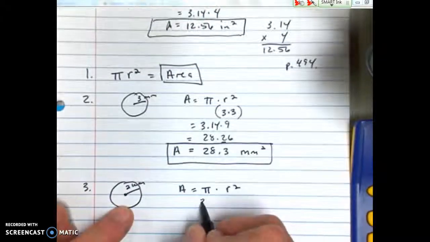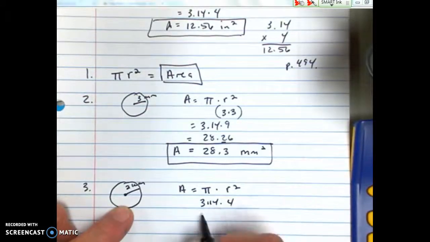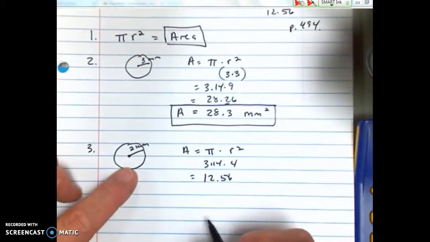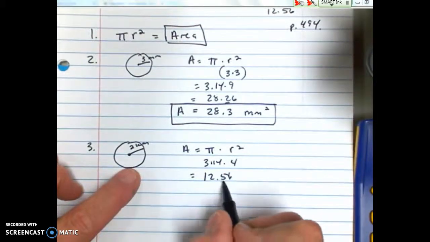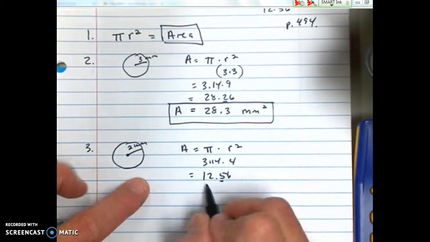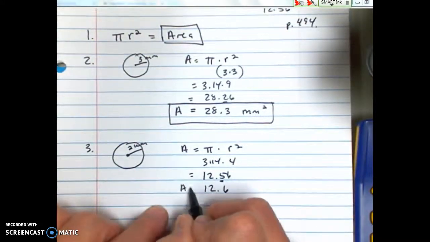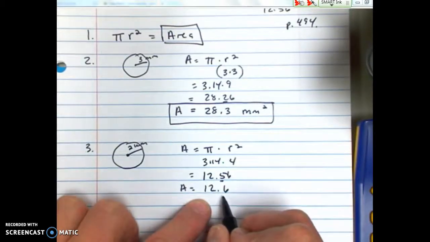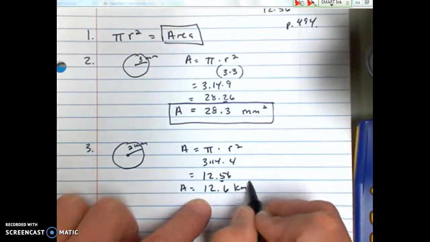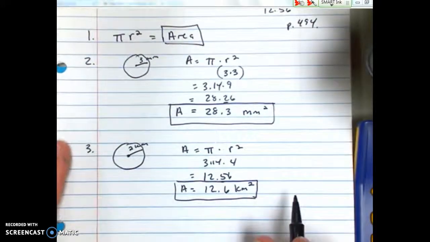We're going to have pi times 4, which is going to equal 12.56, but we have to round this to the nearest tenth. So in this case, we want to say, is that closer to 5/10 or 6/10? And we know that that's closer to 6/10, so our area is equal to 12.6 kilometers squared. And we're going to box that in.